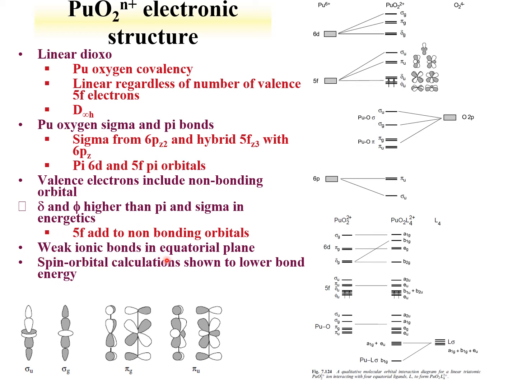There's weak ionic bonding in the equatorial plane resulting from this compound, and again the orbital overlaps are shown here, and the full molecular orbital diagram for the plutonium and oxygen forming the molecular orbitals of the system, similar to the uranium, except we have a few more electrons here. And then here's the extension of this molecular orbital diagram of the plutonyl system binding with ligands. So this can be used to explore the UV-vis spectroscopy of the plutonyl system.